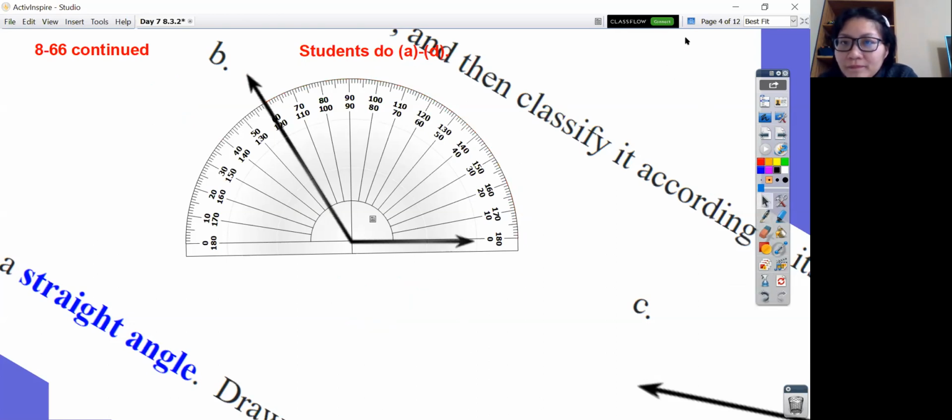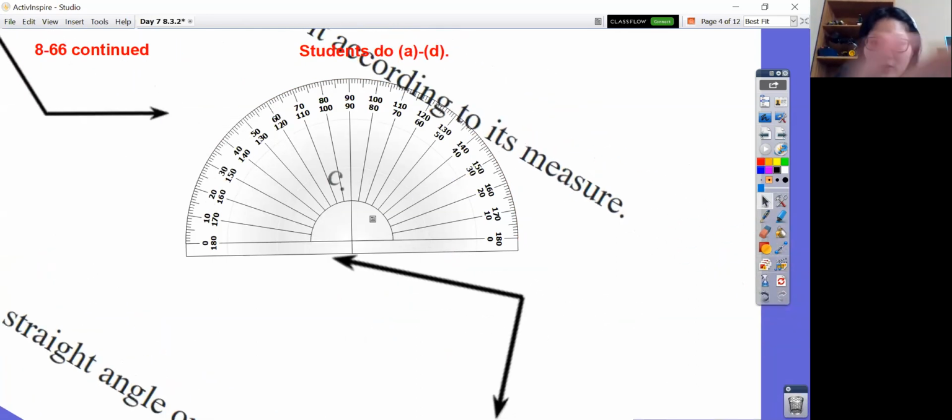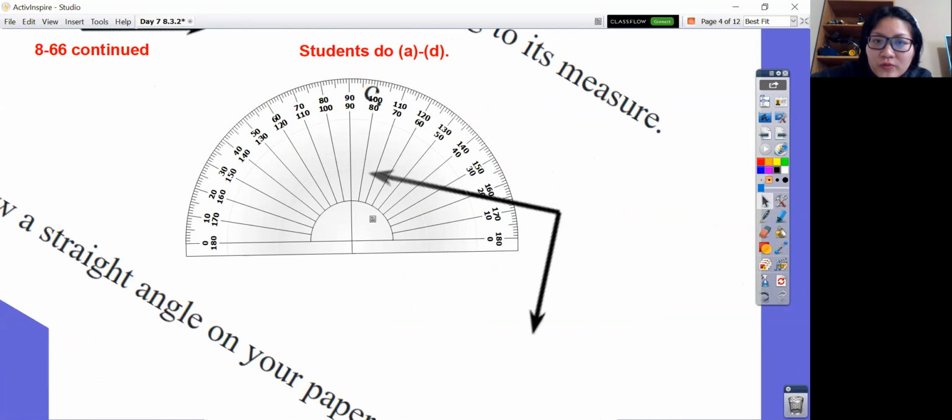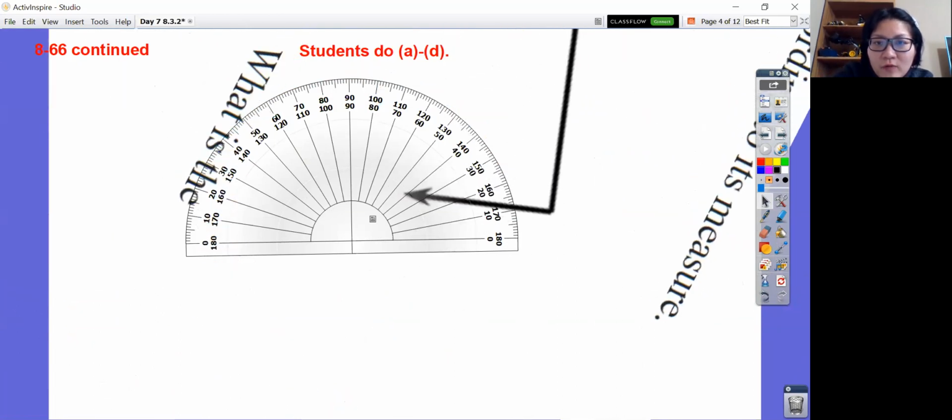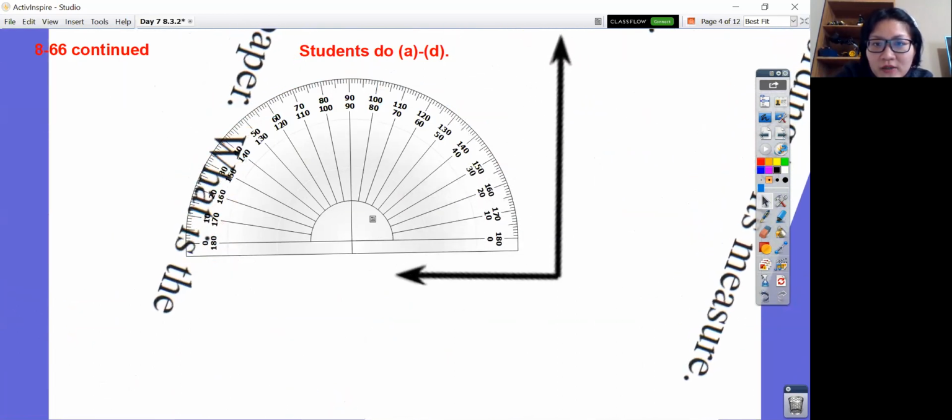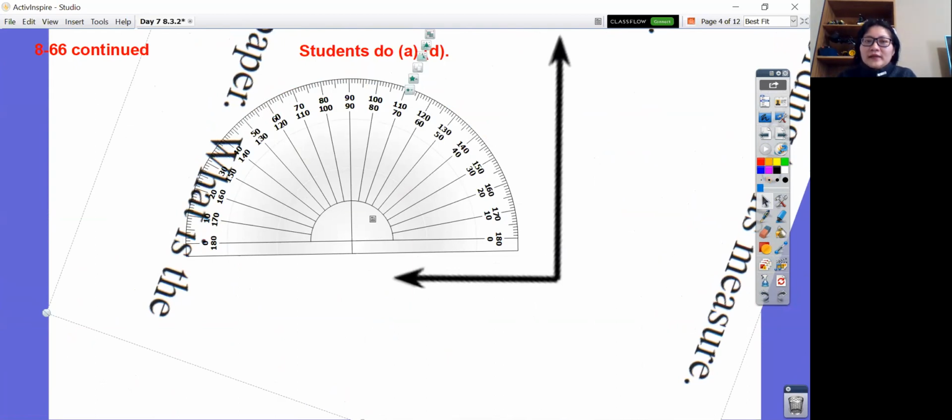Question C. Same thing, I am going to rotate my angle in a way that I prefer, whichever way I want. Let's say this way. I'm going to match my center of rotation right here with my vertex.